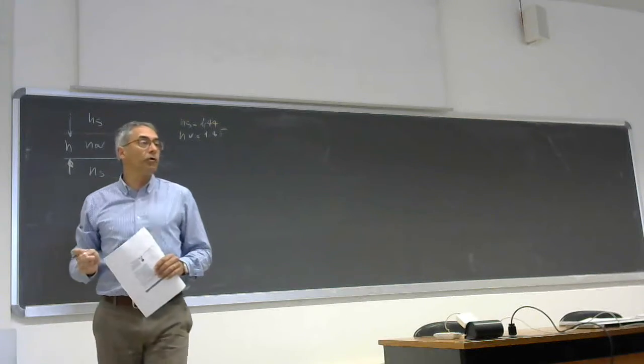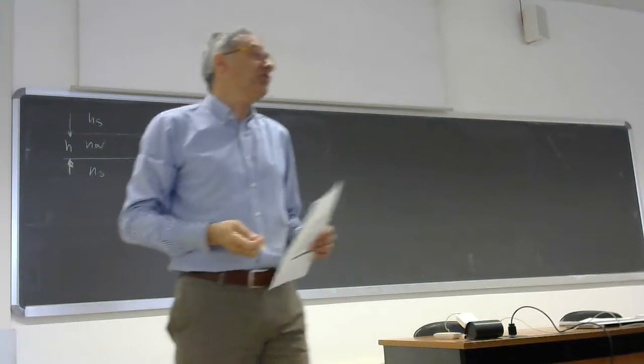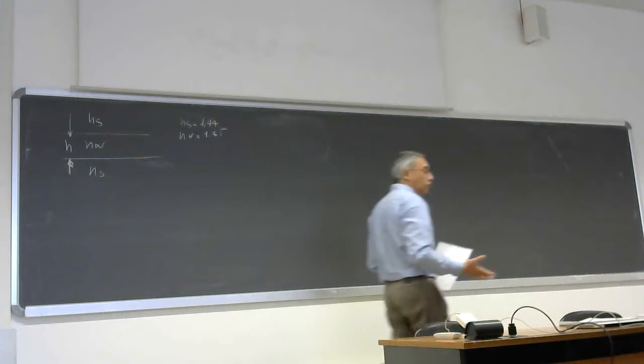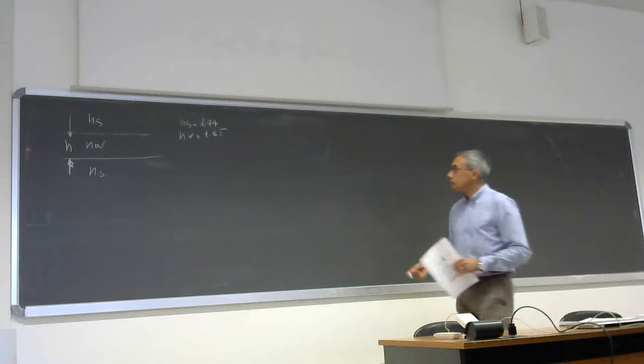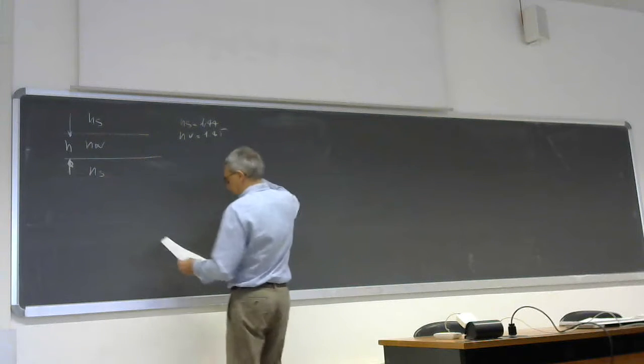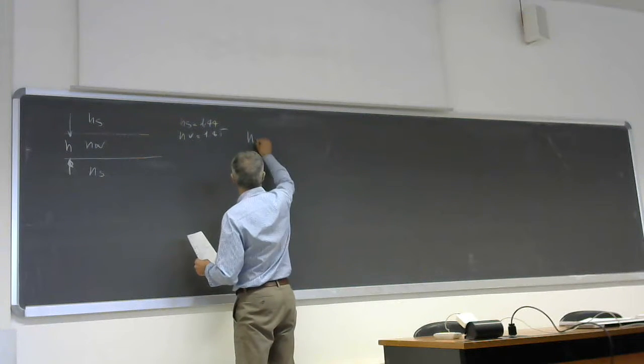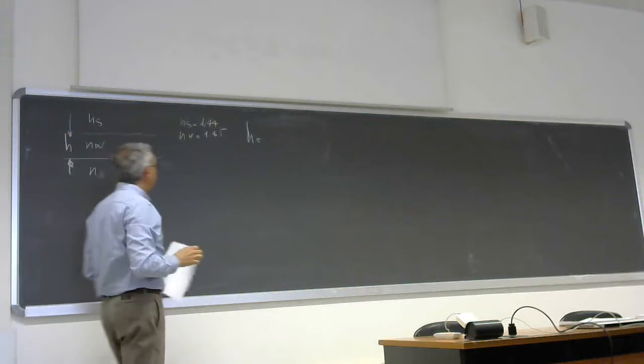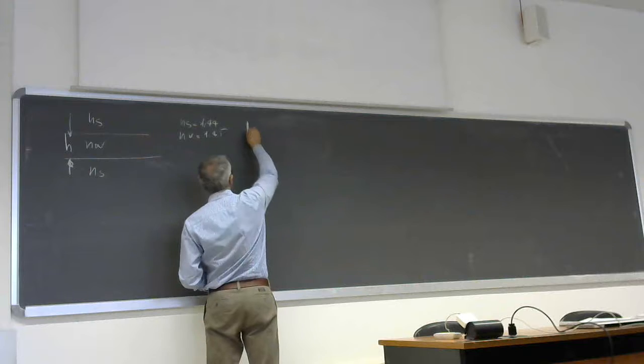This is a 0.7% index contrast, so it's a very low index contrast. And we want to design this waveguide, so the thickness, in order to have... this is H, and N, not mixed with N.